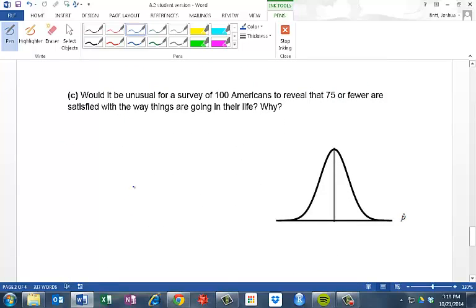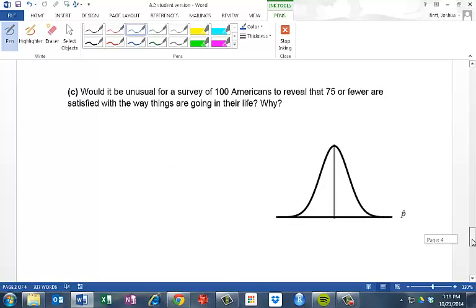Would it be unusual for a survey of 100 Americans to reveal that 75 or fewer are satisfied with the way things are going in their life? Now, one thing you want to do here is double check to make sure the sample size has not changed.